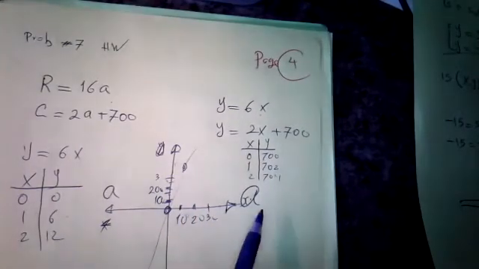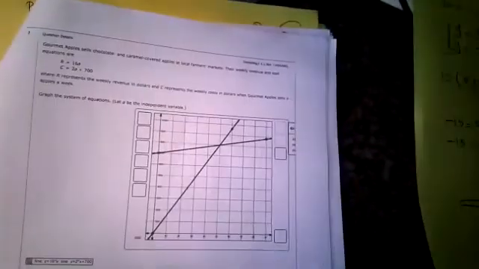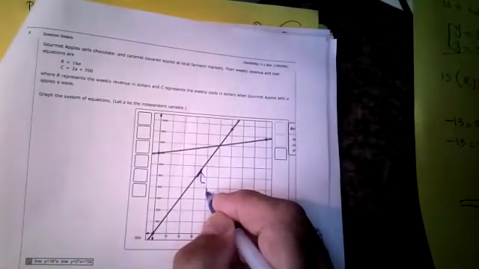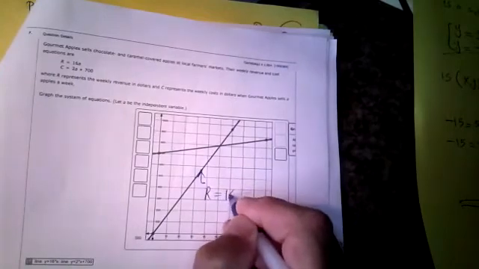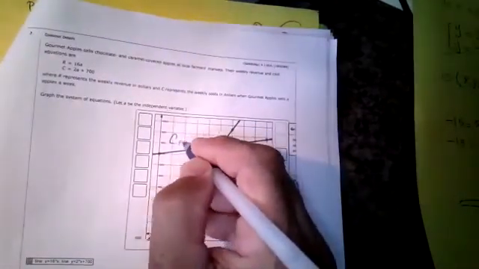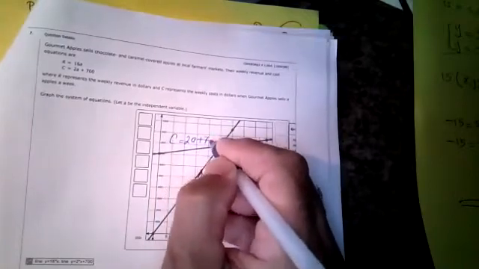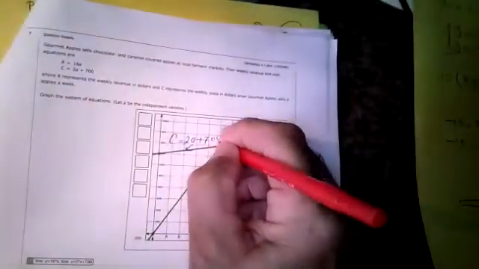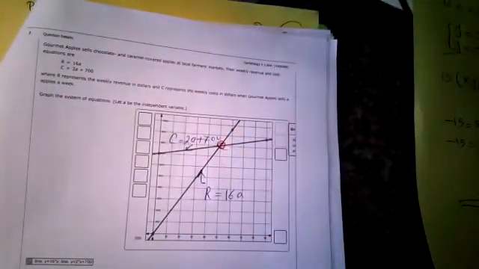So when you graph these, you see something like this, look. This one is 16a, or R equals 16a. And the other one is C equals 2a plus 700. And this is the point of intersection. And you read the coordinates of that point.